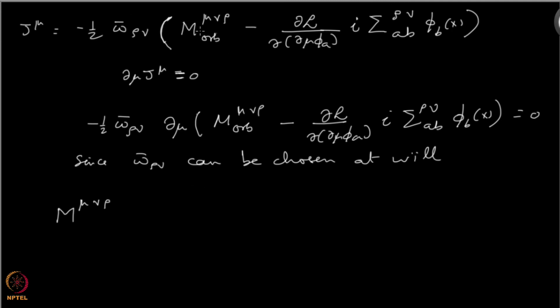So this part is fine, and because it is antisymmetric in rho nu, the sigma also we should have antisymmetric in rho nu. So you take it to be antisymmetric under rho nu interchange. So I'll interchange the signs and put a plus sign here.